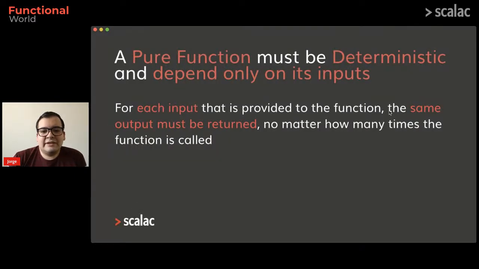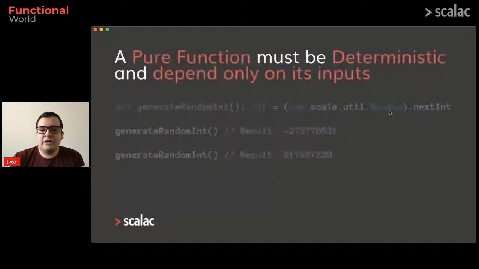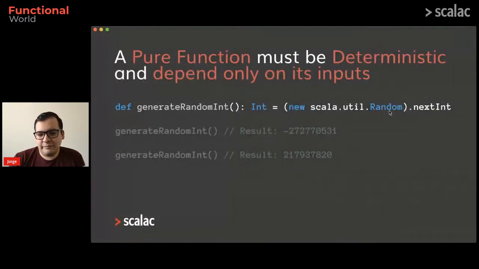Another characteristic of pure functions is that they must be deterministic and depend only on their inputs. So for each input that is provided to the function, the same output must be returned, no matter how many times the function is called. For example, here I have this generate random int function. You can see several things here.